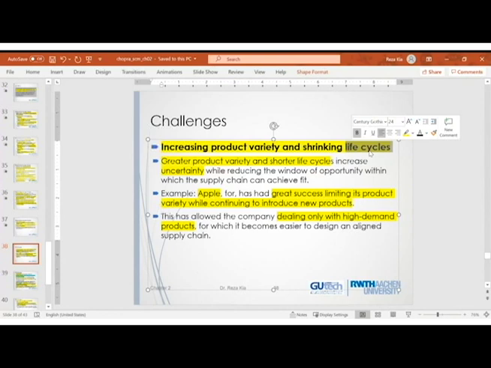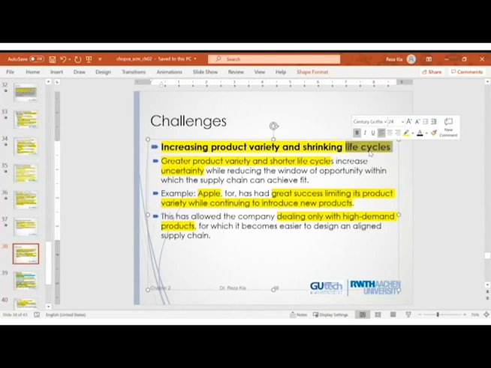But now look at the life cycle of cell phones in the market. This year they are introducing a new cell phone, and in less than 6 months or maximum 1 year, a new cell phone is introduced into the market. So you see the life cycle of the product is shrinking. And also the variety is so high.